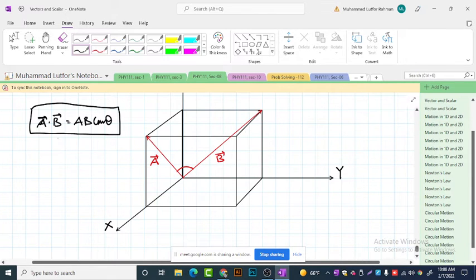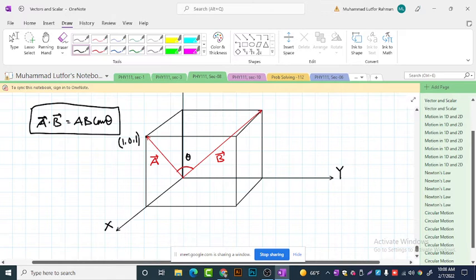Then I have to find out the angle between vector A and B. This is the angle theta. To find it, I can write the coordinate of that point as 1 0 1.